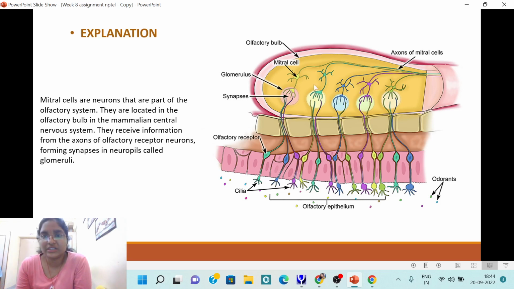You can see in the figure, these are the mitral cells, this is the olfactory bulb, and these are the odorants. We can smell because of the particles present in that smell, those are called odorants.